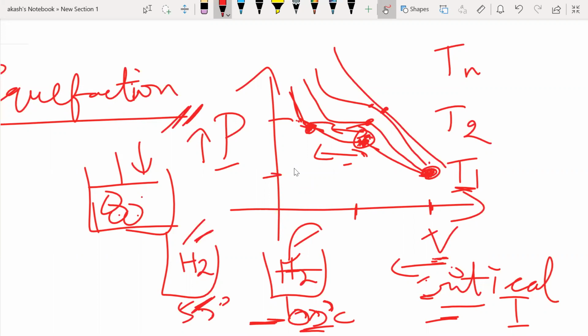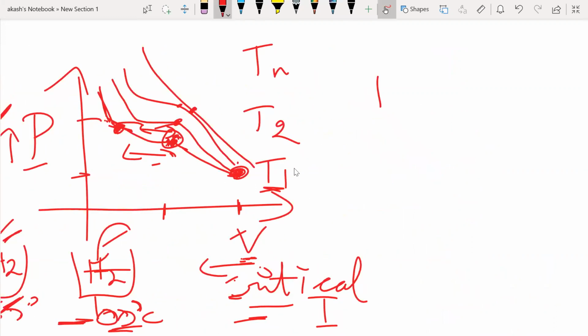Say I have a gas with a critical temperature of 10 degrees Celsius, and another gas with a critical temperature of 50 degrees Celsius.